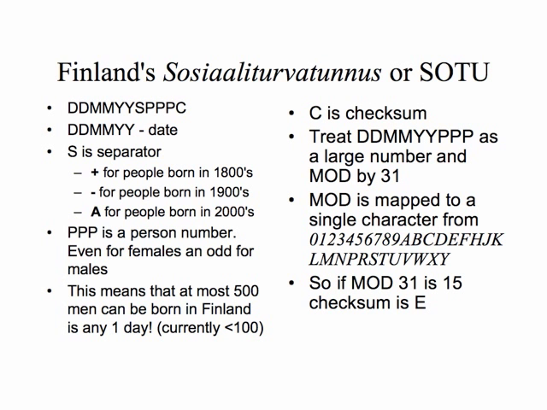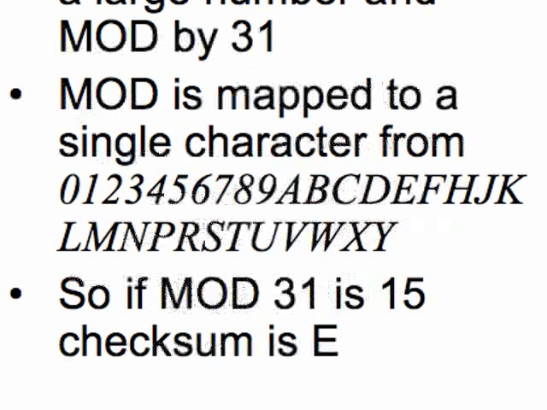To calculate the checksum, the separator is ignored, and all the remaining digits are treated as one large number. You do a mod 31 of that number. Notice again that 31 is a prime number. That number then is mapped to the checksum. In Ireland it was a mod 23, so the checksum mapped comfortably to a letter.